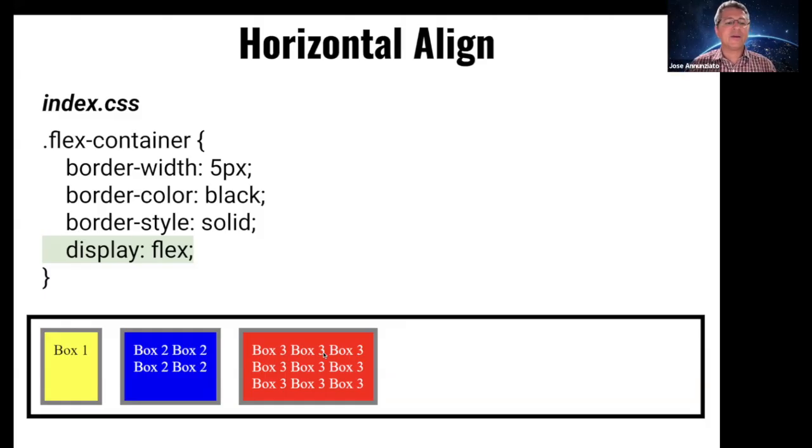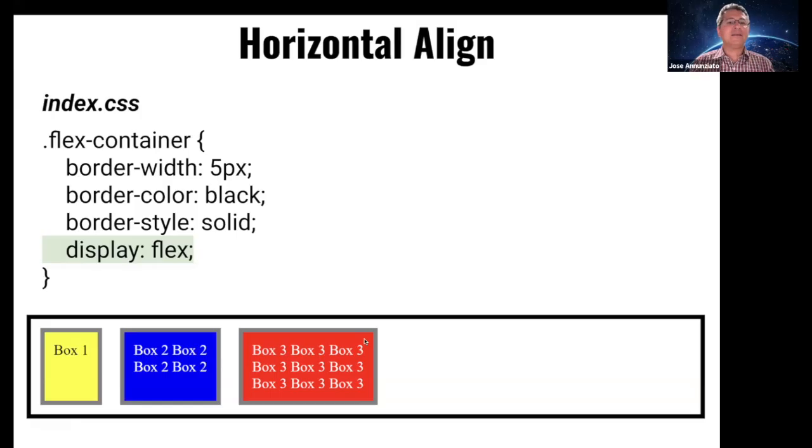Now, before, the width wanted to be 100% and the height was determined by the content. Here's the inverse: the width is determined by the content. This one has only one box one, this has two, this has three. So each one is wider than the other based on the internal content. See that? So the behavior of height and width is kind of inverted.